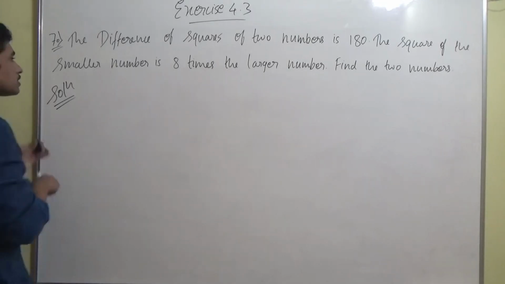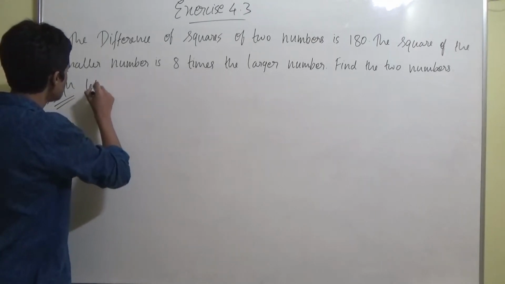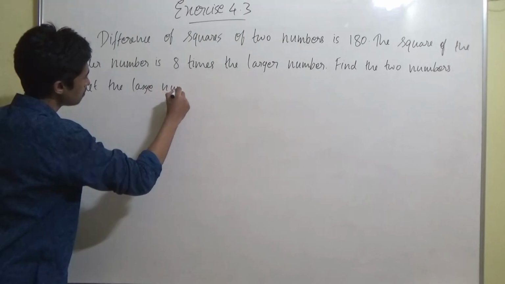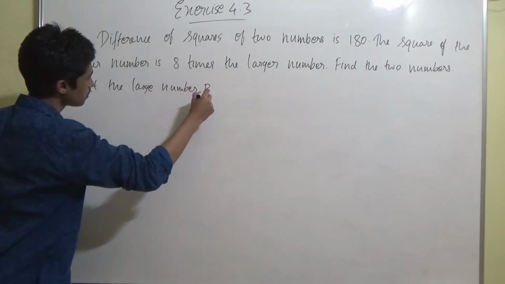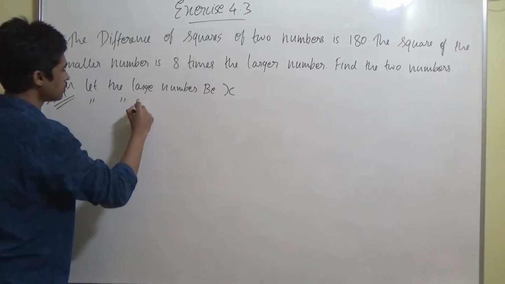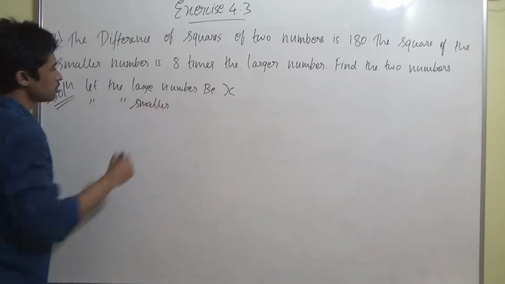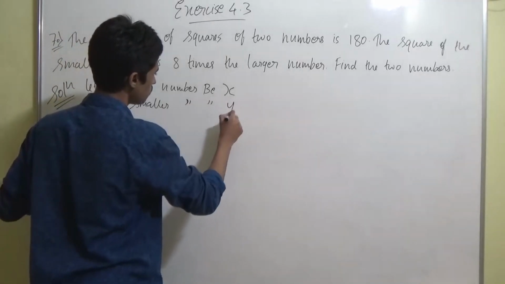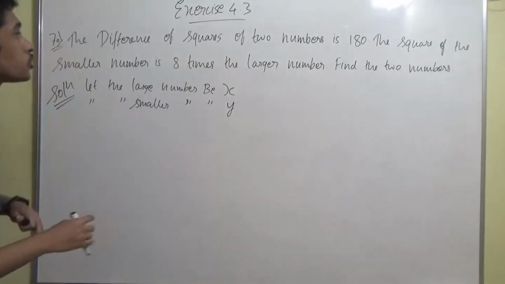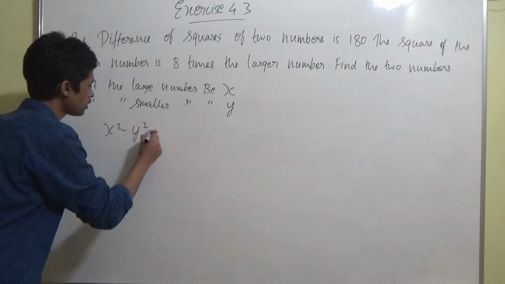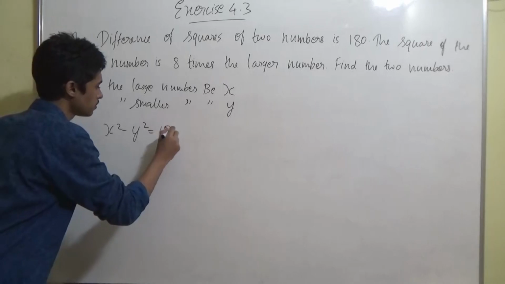Okay, so the first step is the assumption step. Let the larger number be x, and then let the smaller number be y. Now they are saying the difference of squares, that is larger number square minus smaller number square is 180.